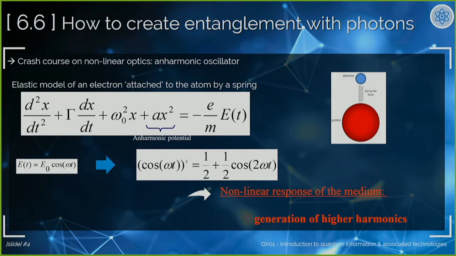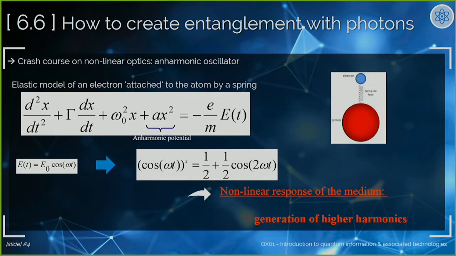So what does it mean in practice? That means basically that we send a given frequency, a given color of a laser onto our crystal. The crystal will let this laser go through, like any light through glass, but also, through this nonlinear term, if the electric field is strong enough, it will generate a different color or a different frequency at 2 omega.